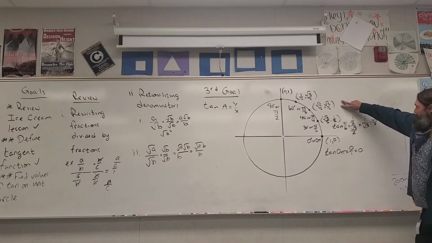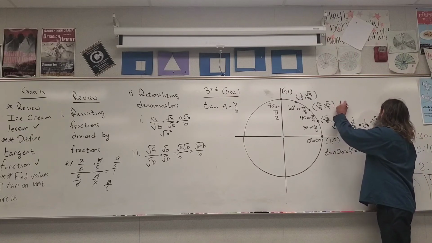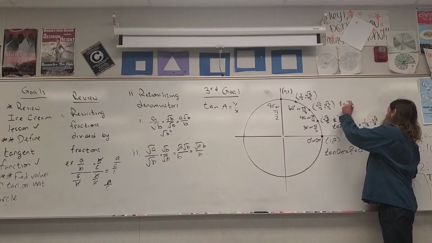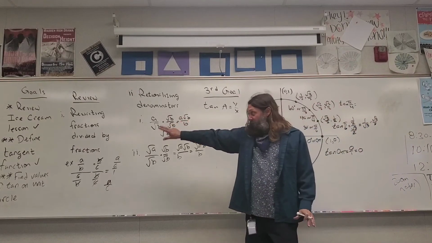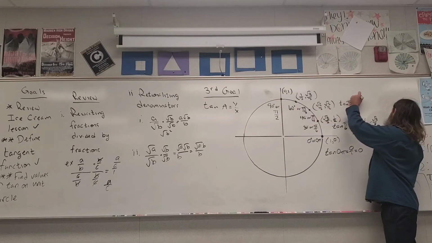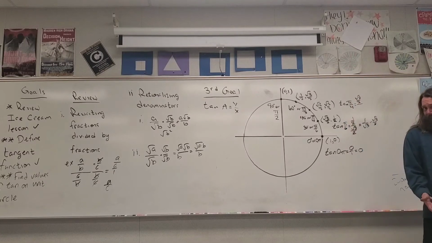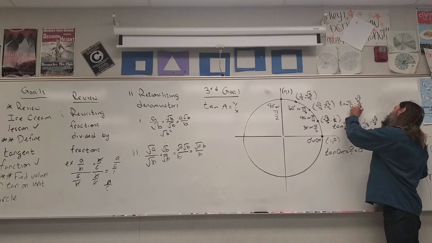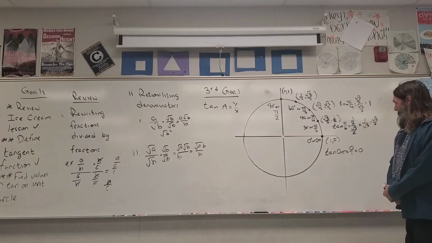Tangent of 45 degrees, or length of pi over 4, you could use all of this unless you realize that you're dividing the same number by itself, which is equal to 1.